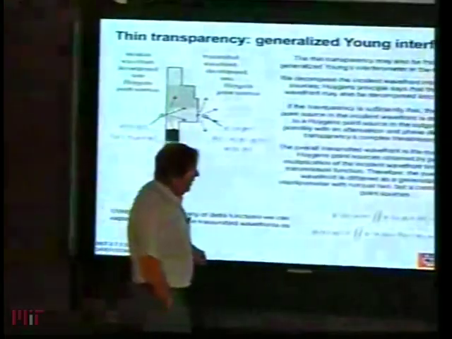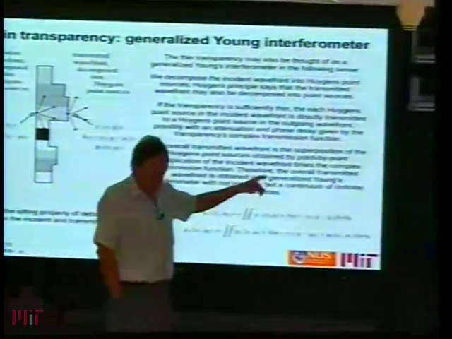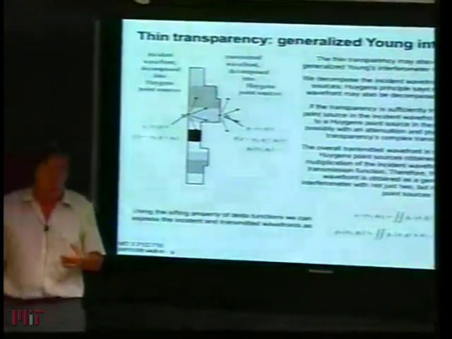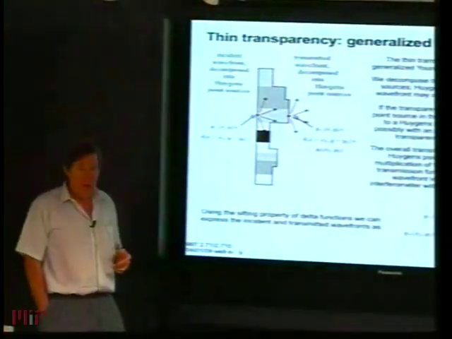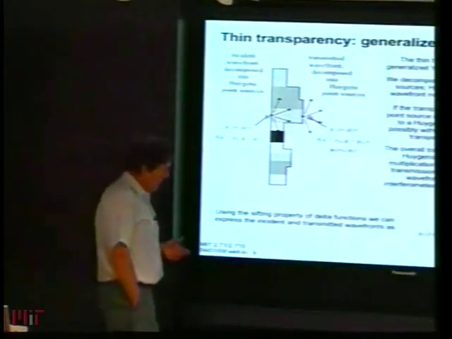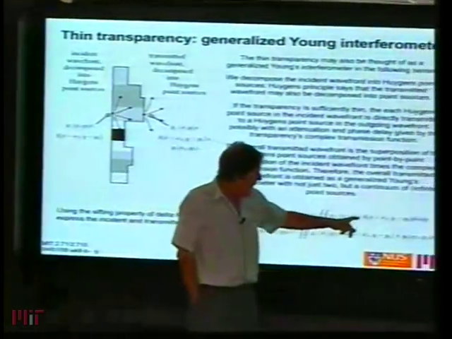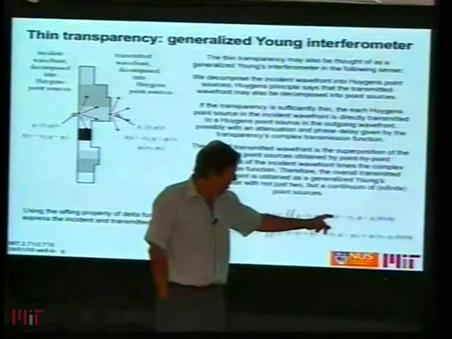So this is describing the interference of these many, many beams now. When we did the Huygens experiment, each of the slits was described by a delta function at a particular position.